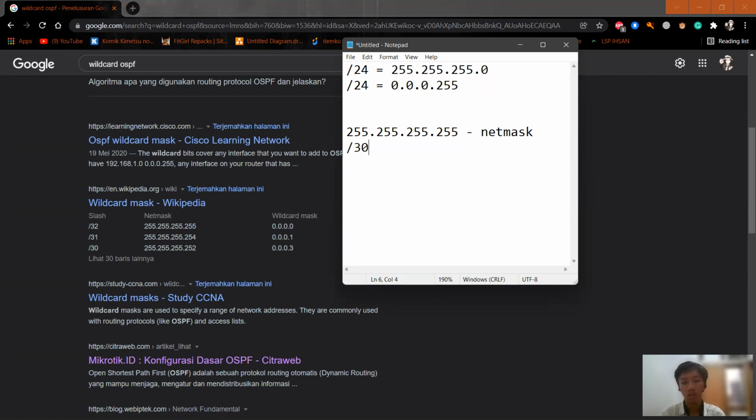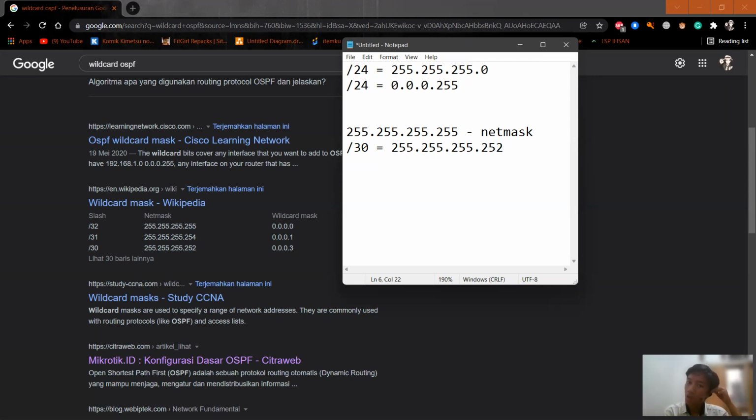slash 30. Sorry, slash 30, the netmask is 255.255.255.252.